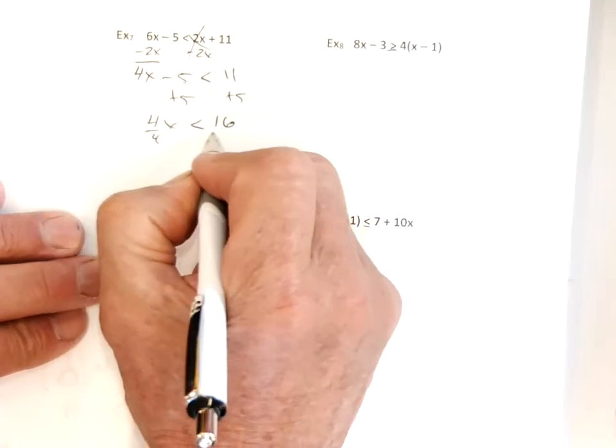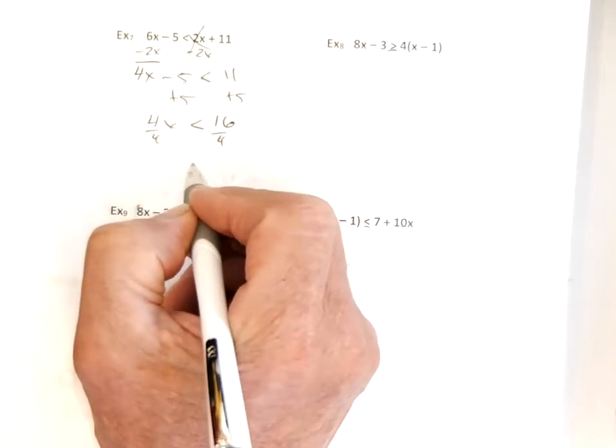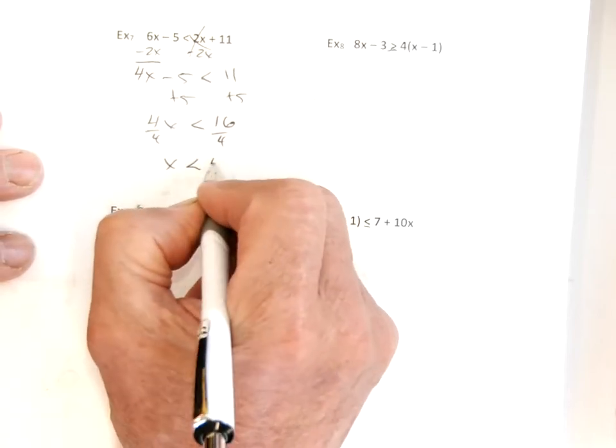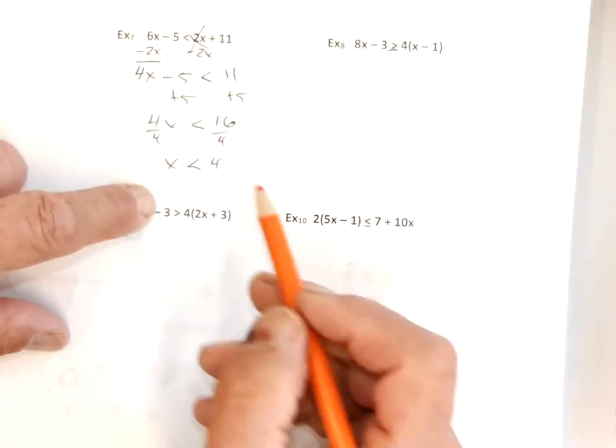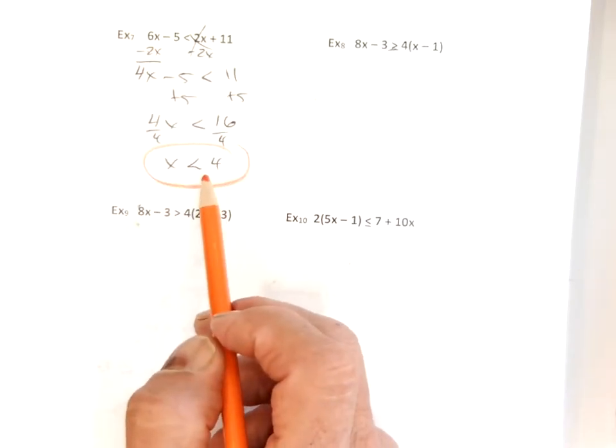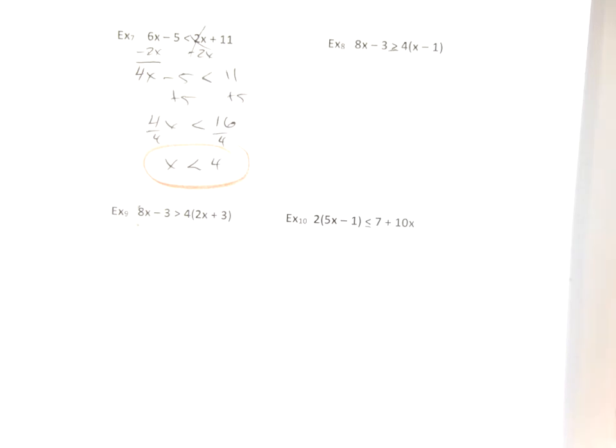Divide by 4, divide by 4. I'm not going to change the sign because divided by a 4, x is less than 4. Now, if you had subtracted the 6x, you would have had to turn the sign, which you could get the same answer. That's what you and I did on your problem, is we did it the other way. We still got the same answer, right? Okay, which is fine.